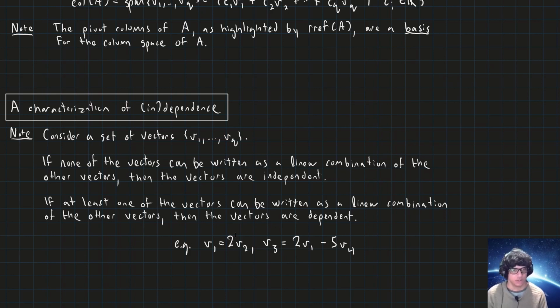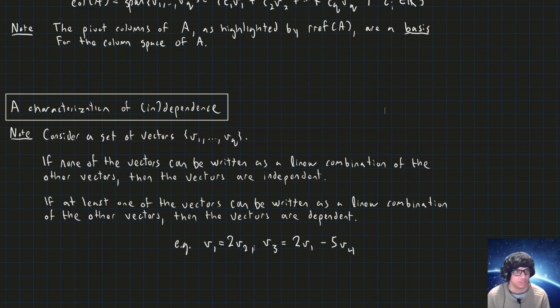Here are two examples of what I mean by one written as a linear combination of the others. If one vector is a multiple of the other, say we have this relationship here that v1 is just 2 times v2, that means we have dependence among the vectors, and the set is dependent.